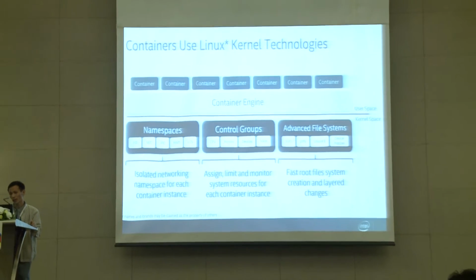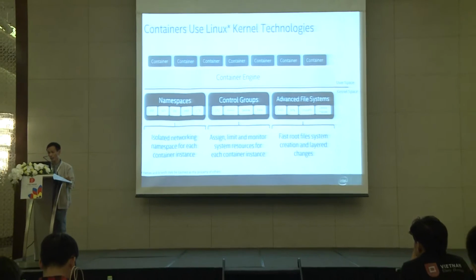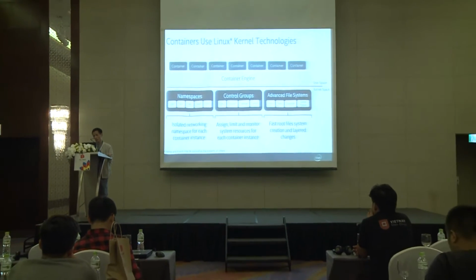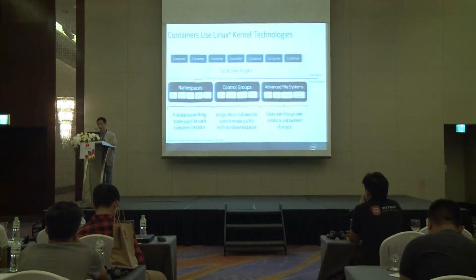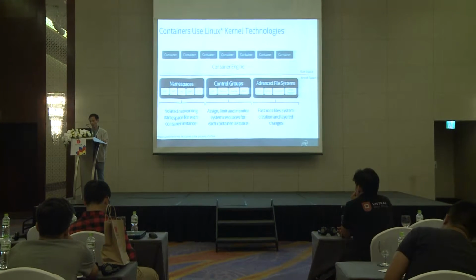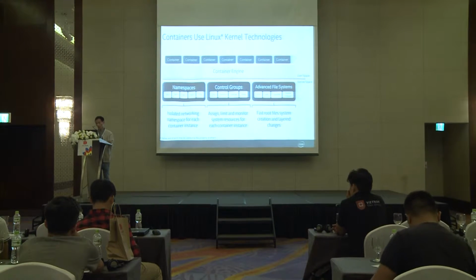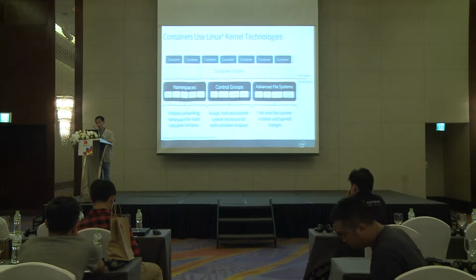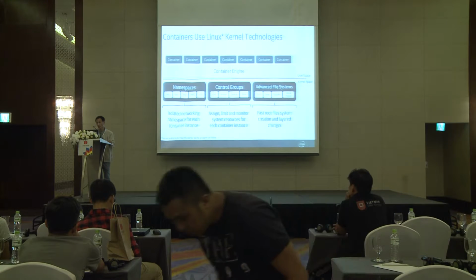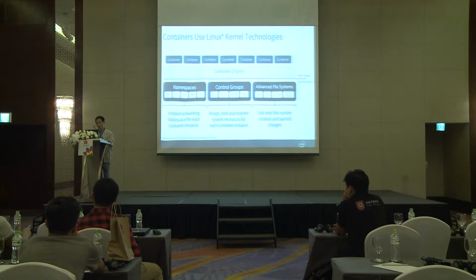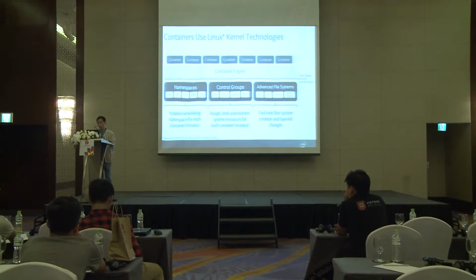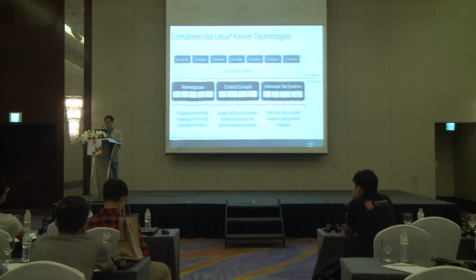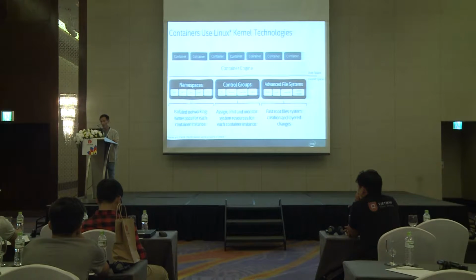So this technology can be used in other ways besides containers. Like if you want to launch a VM or launch a process in the kernel, you could use cgroups to provide resource isolation for the process on the kernel, right?